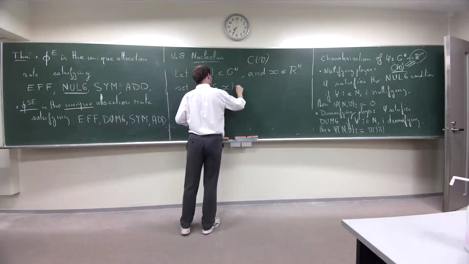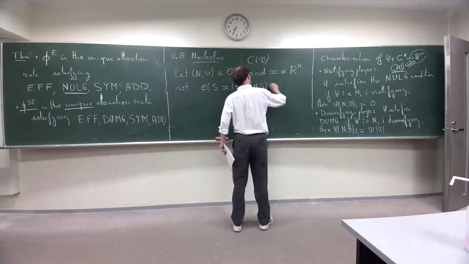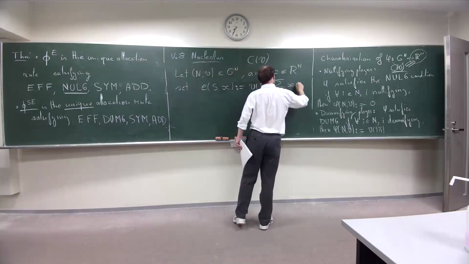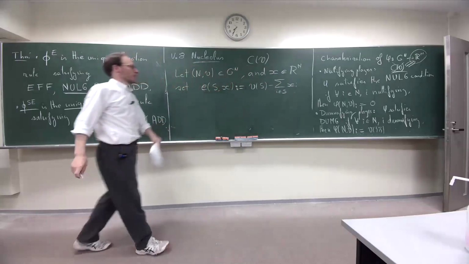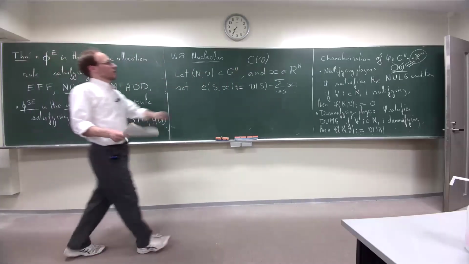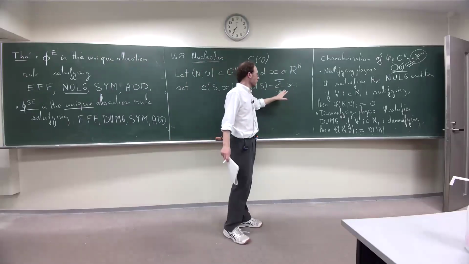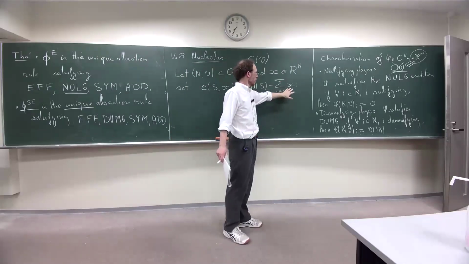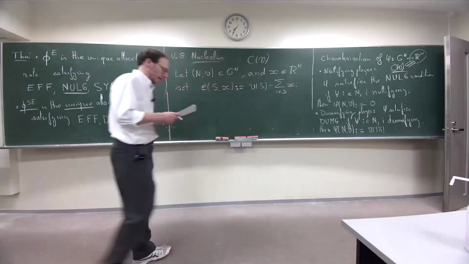And then I set E of S, x. I give a definition. It is V of S minus this sum. It's a difference between two numbers. The worth of the coalition S minus the sum of its components in S, where x is arbitrary.